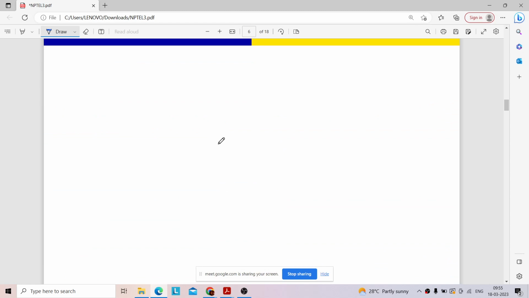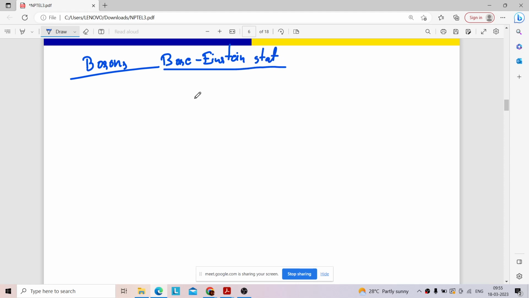Then we come to bosons. They obey Bose-Einstein statistics or the Bose-Einstein distribution.